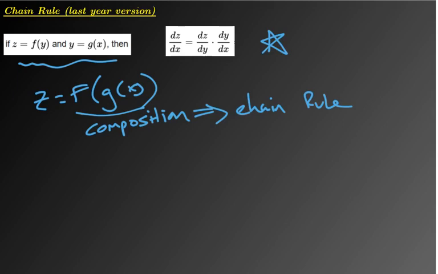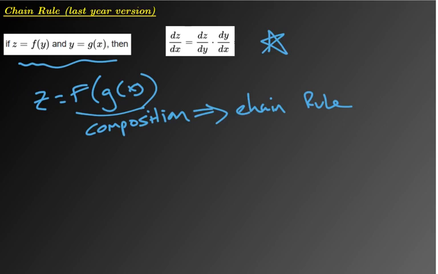The chain rule is literally just the derivative of the outer function. So in this case, for z equal to f of y, it'd be dz dy, and then you just multiply by the derivative of the inside, like for x there, right? So then you'd be just multiplying by dy dx.